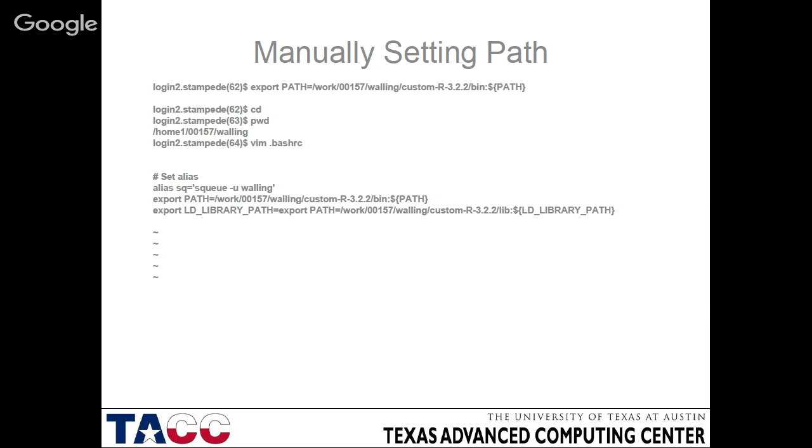After you install your own R or the latest R, you have to set the path. The path should be the first one, the bin folder. You have to put it as the first path before every other path, and then you can use your own version of R in your home directory.